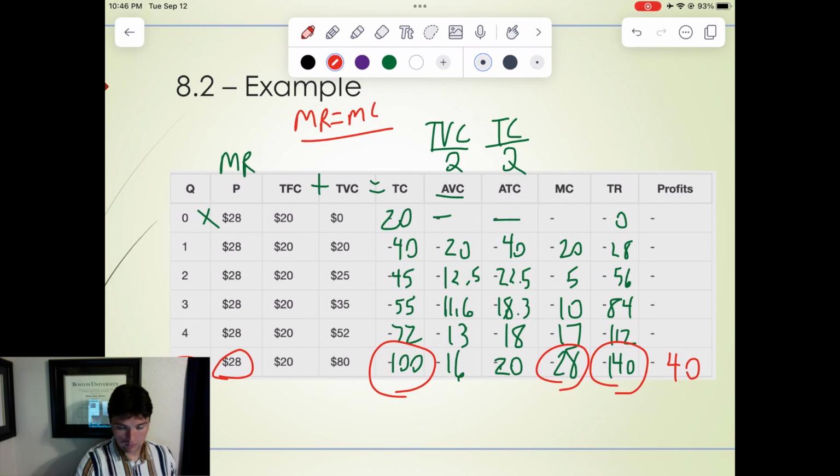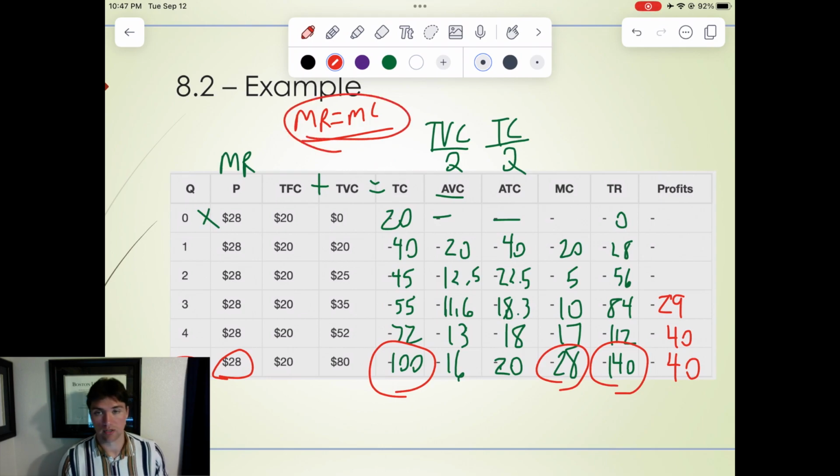If we were to do the one before that, that'll be 40 as well. And the one before that one should be 29. But remember, we always do marginal revenue equals marginal cost. That's the best for us. So that's how we're going to fill out this chart here.